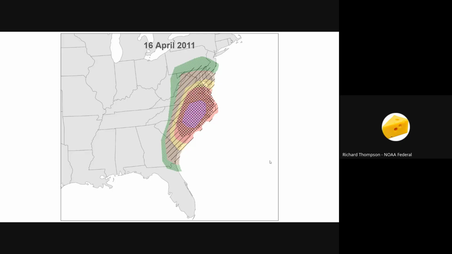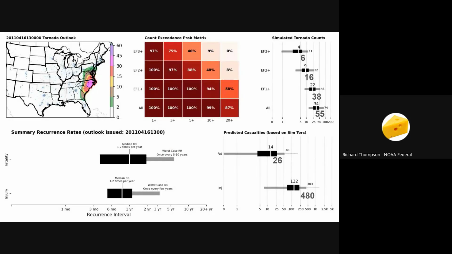Here's an Eastern US case that was just 10, 11 days before the one I just showed, and this is a 30 double hatched. It was a high risk and centered in North Carolina. Again, if you look at this one, pretty accurate. The tornado counts verified more like the 75th percentile, which is the right side of the black box on each of these.